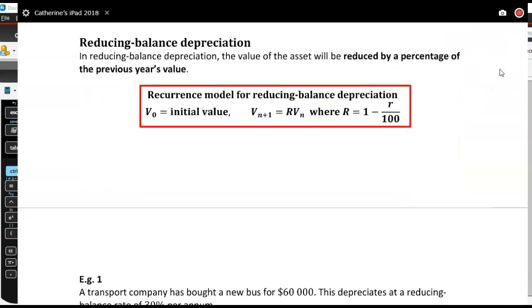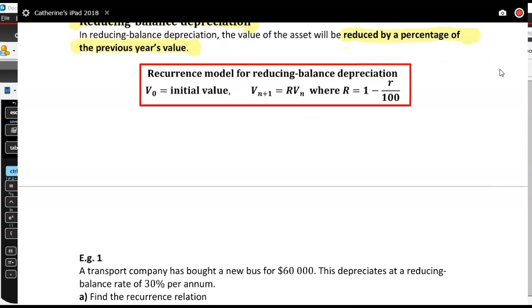So, our reducing balance depreciation. In reducing balance depreciation, the value of the asset is reduced by a percentage of the previous year's value. With flat rate depreciation, it was being reduced by the same amount each period, whereas with reducing balance, we look at the last year's value and we take a percentage of that.